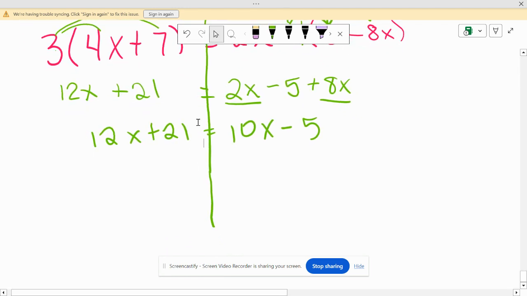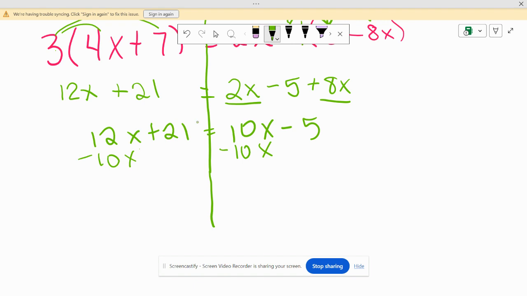So now I'm going to choose one of these terms to subtract first. Now, you could choose any one of them. Personally, I like to keep my variables positive whenever possible. So I'm looking at my variables. I have a 12x and a 10x. So I'm going to choose to subtract 10x from both sides, and that is going to keep my variable positive.